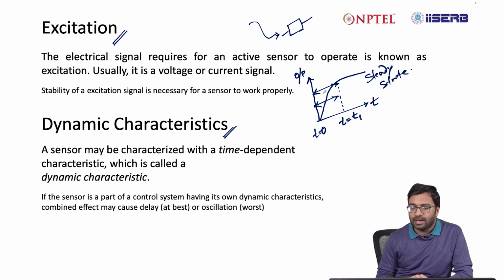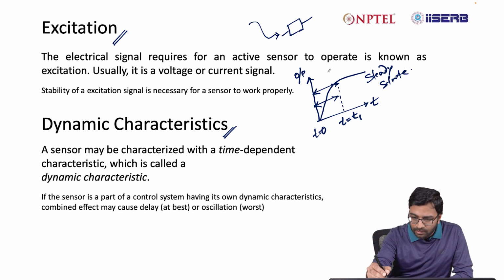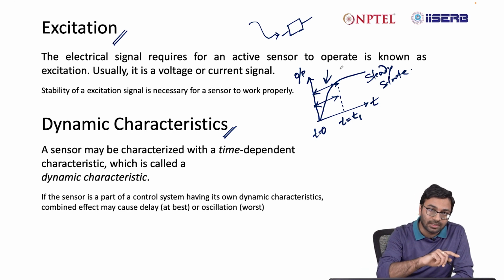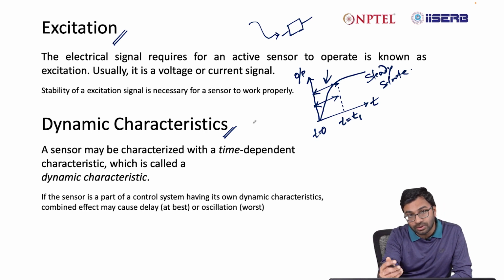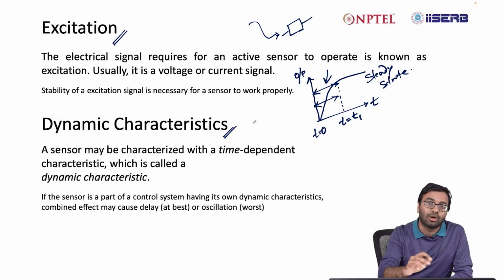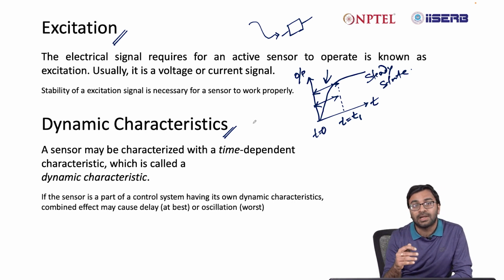Sometimes you'll find that a combined effect of your sensor's transient response and your circuit's transient response may cause oscillation. That is the worst case. Usually it causes delay, but sometimes it may cause oscillation.